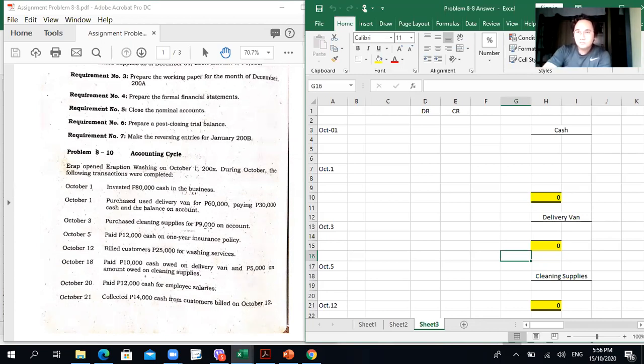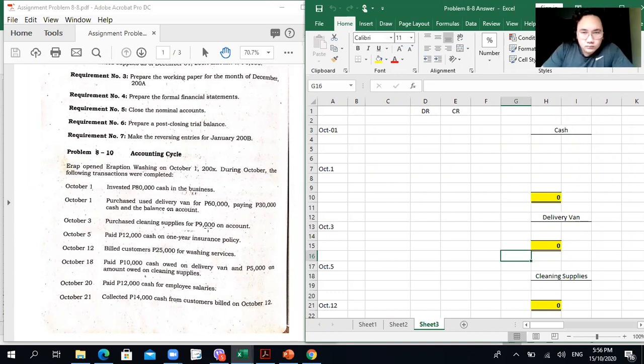How about the revenue? Any increase in revenue is always on the credit, while a decrease is on the debit side. While if you increase your expense, it is always on the debit side or the left side.